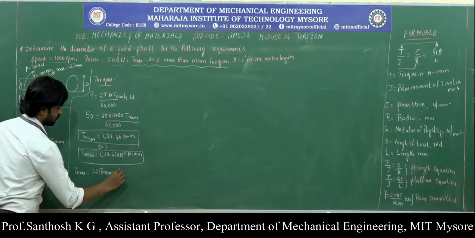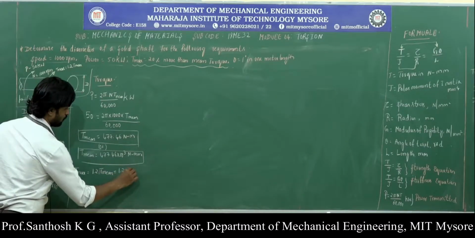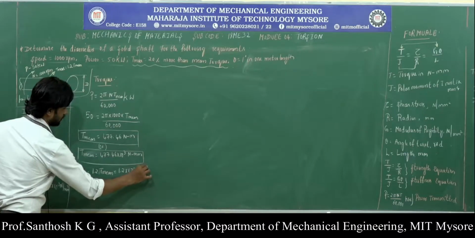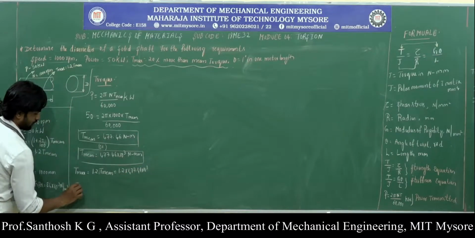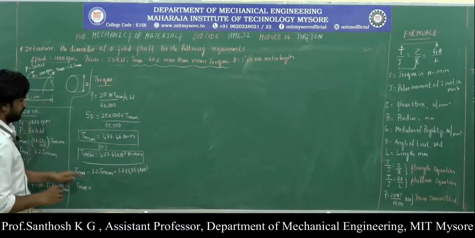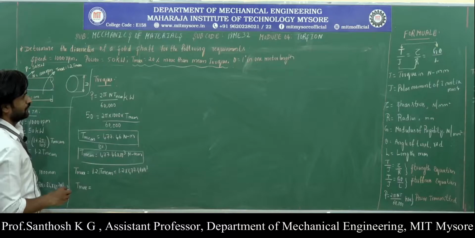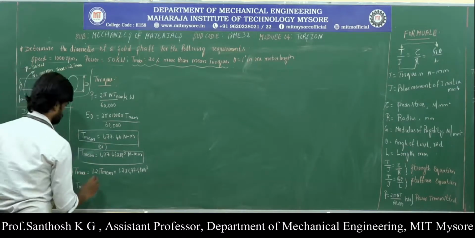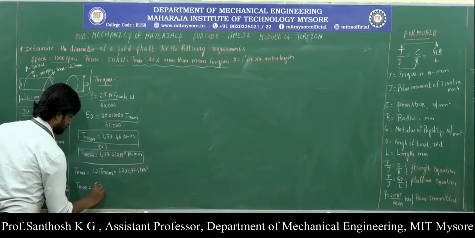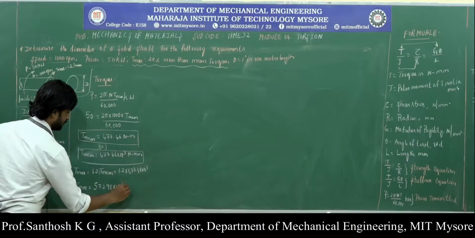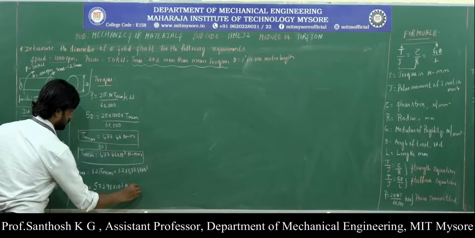So, this will be equal to 1.2 into 477.46 into 10 to the power of 3. Therefore, the maximum torque the shaft will be subjected to will be equal to 572.98 into 10 to the power of 3 Newton millimeter.